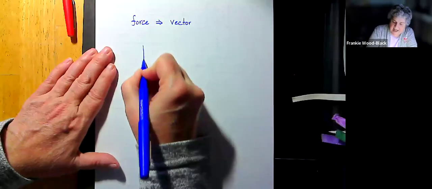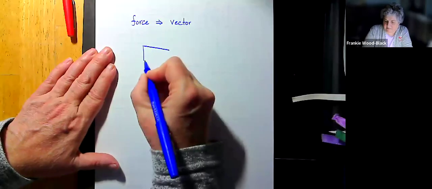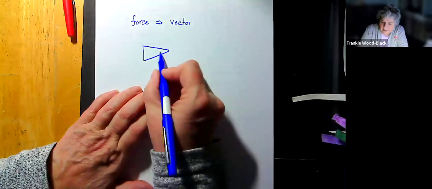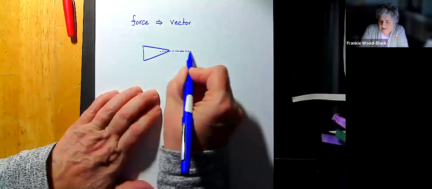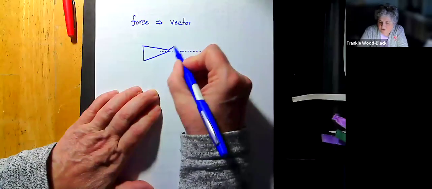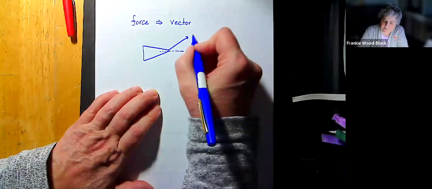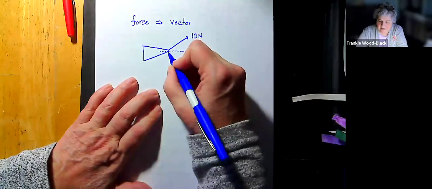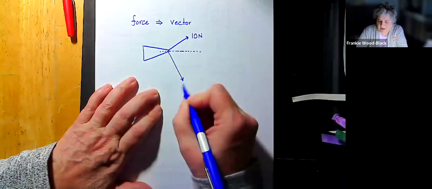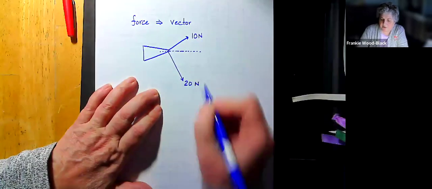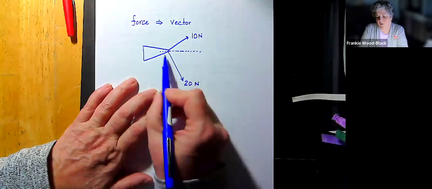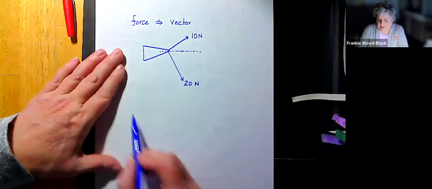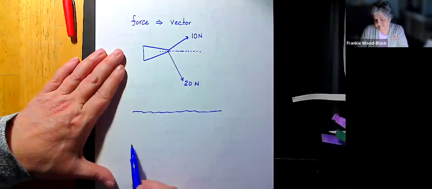So if I have an object here, I'm just going to use this as a weird boat, okay? And I've got a force of 10 newtons pulling that direction, and I have a force of 20 newtons pulling that direction, we know that the boat is actually going to go over there. We can look at it a little differently here.